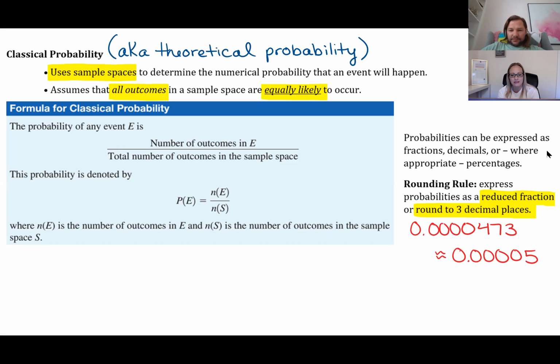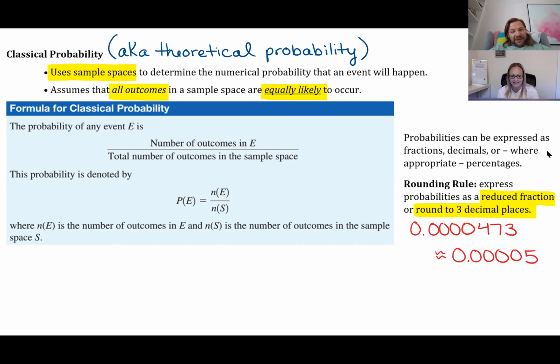Now, here's the exception. Let's say that you got a probability that was like 0.0000473. So if you round 0.0000473 to 3 decimal places, what would that give you?